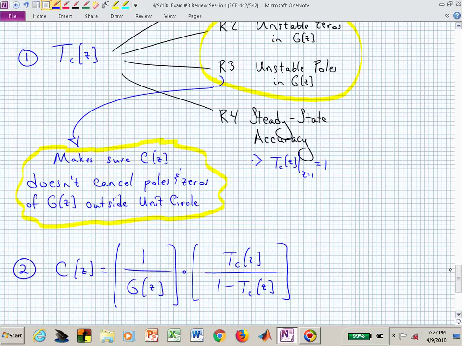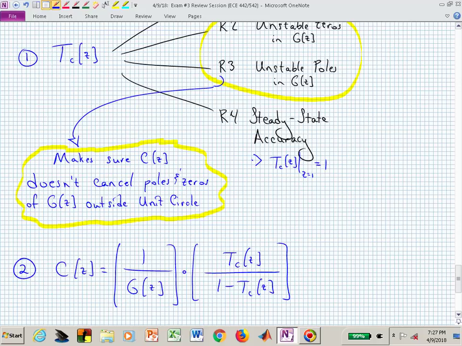The second half of the Ragazzini design, which is really kind of the easy part, it's just algebra, is to solve for capital C of Z, the controller. And you can see now how restrictions 2 and 3 play into not allowing you to make those cancellations.